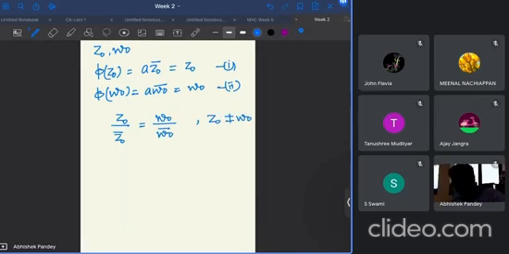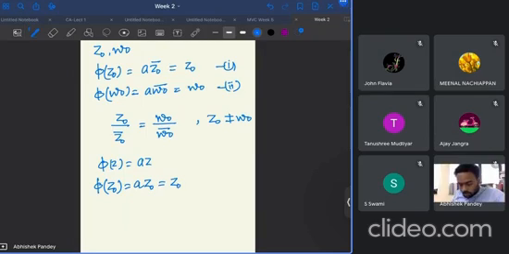Similarly, if we take phi Z is equal to AZ, and we talk about phi of Z naught equal to A Z naught, which is fixing Z naught, so again phi of W naught is equal to A W naught equal to W naught. So this will give that A is equal to 1.